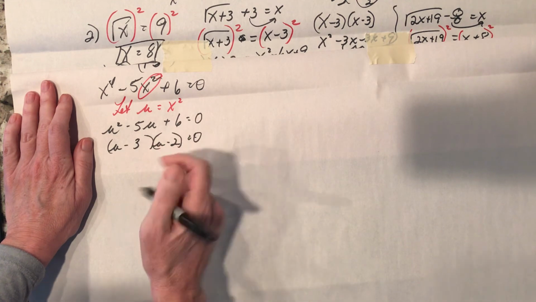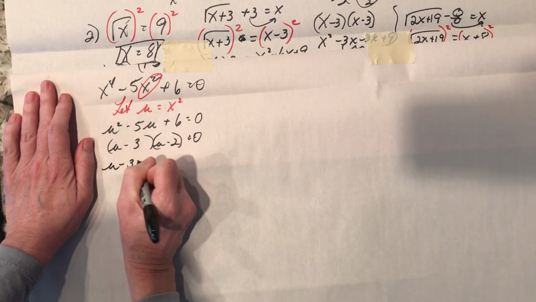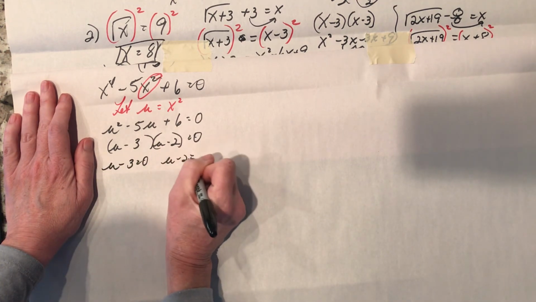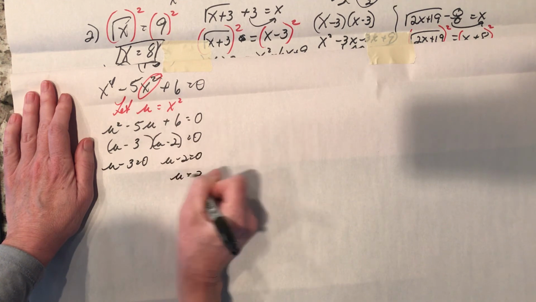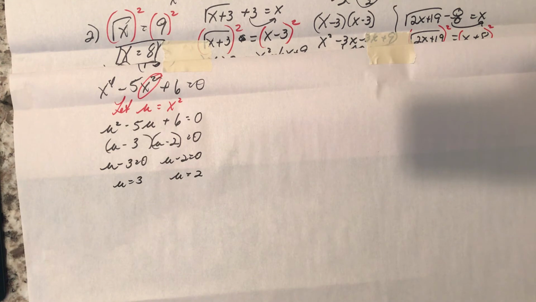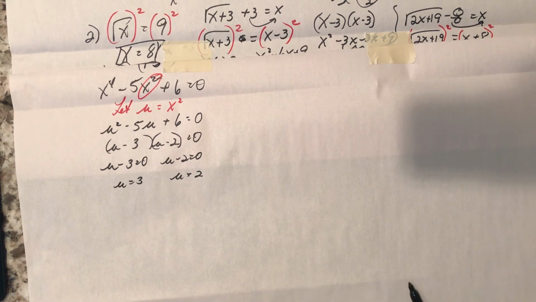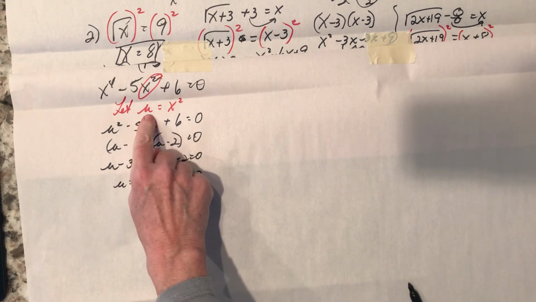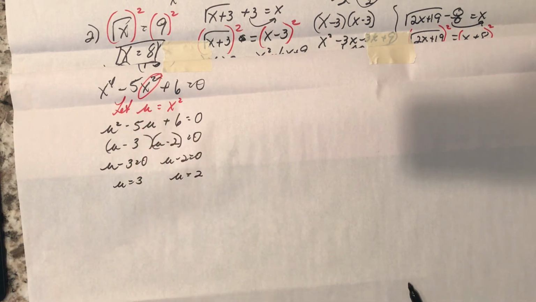Now we've factored. Now use the property that allows you to set each piece equal to 0. So we get mu equals 2 and mu equals 3. Now this is why we're using mu, this funny little letter, because I don't want you to stop and say, okay, I'm done, because we've never stopped with mu. That's not a place to stop. Because you substituted mu in place of x squared, we have to get this problem back in terms of x's.